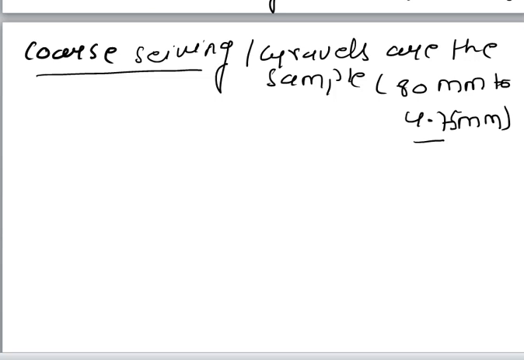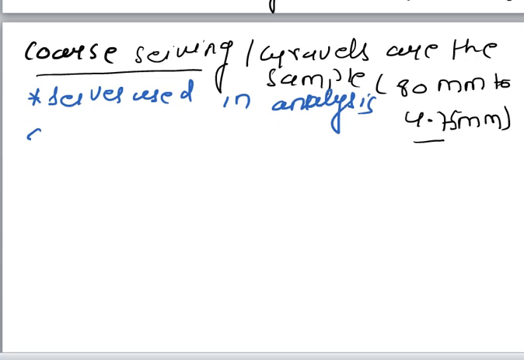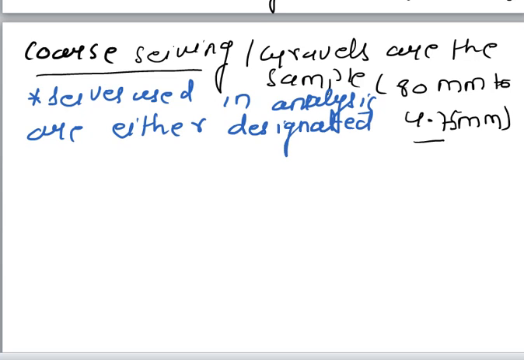The important thing anyone should note while studying this is we are using sieve, and the sieves used in analysis are either designated. You should have idea of sieves, that which sieve you are going to use.